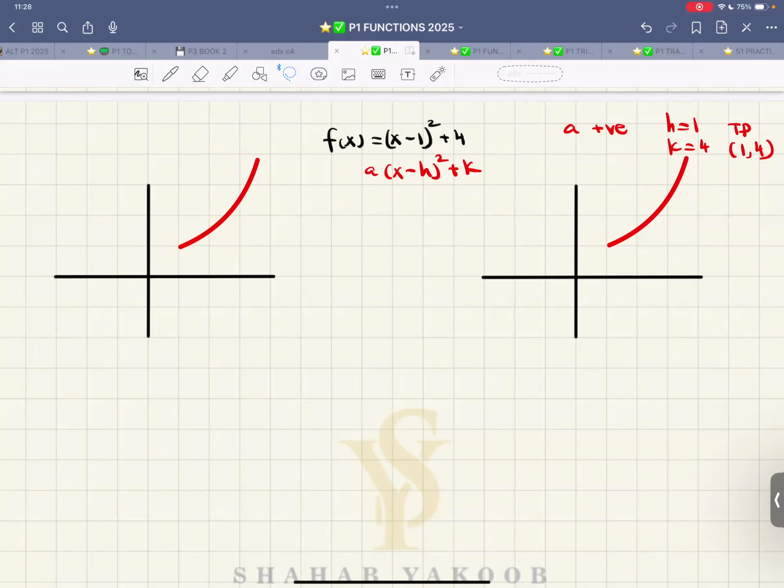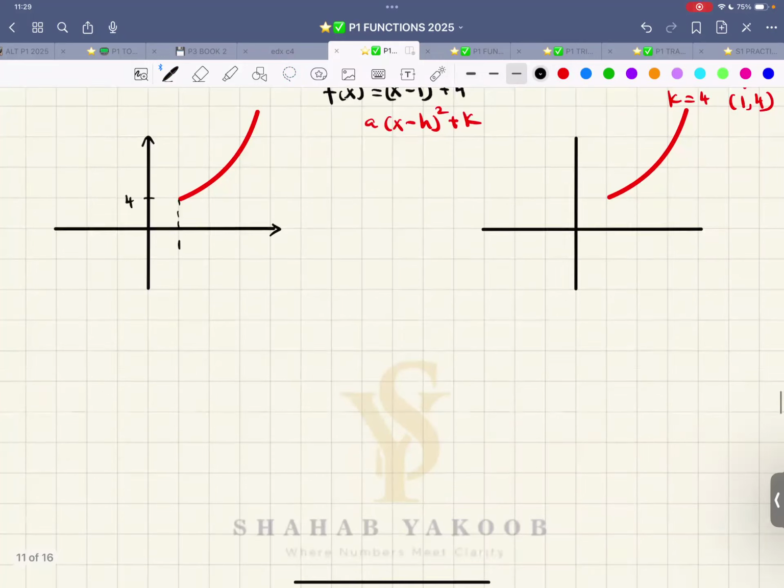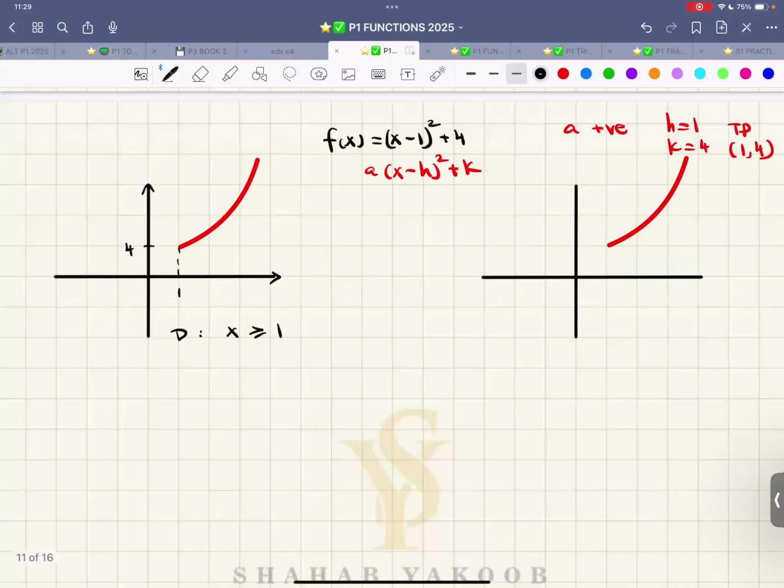Now let's say this is the turning point, that is (1, 4). So over here it's 1, over here it's 4. If the domain is x greater than or equal to 1, my question is, is it a 1-to-1? The answer is yes, because we are going to the right of the turning point. So yes, it's a 1-to-1.